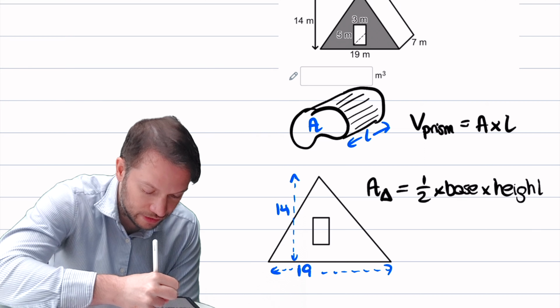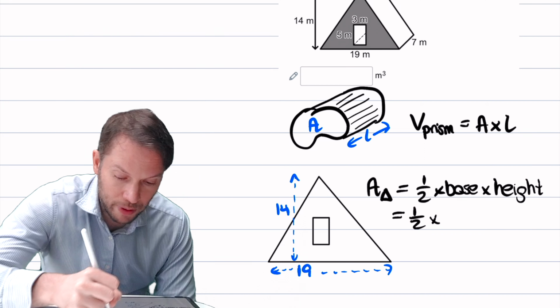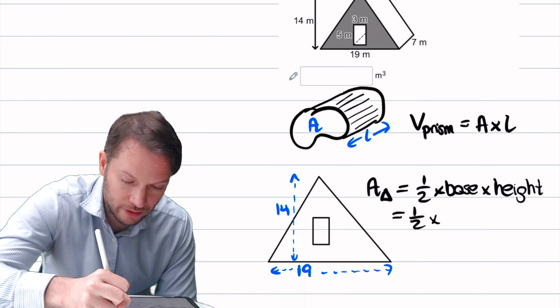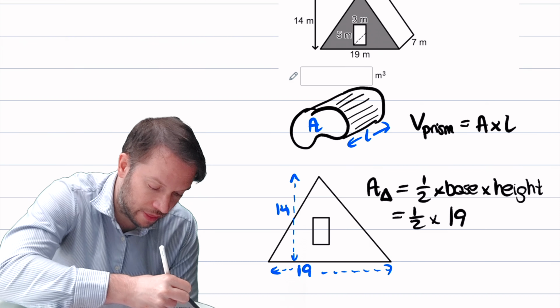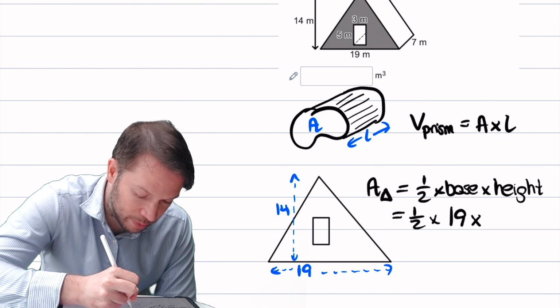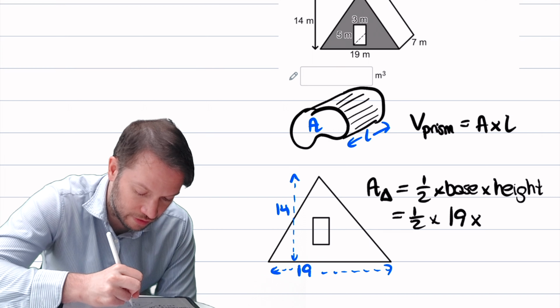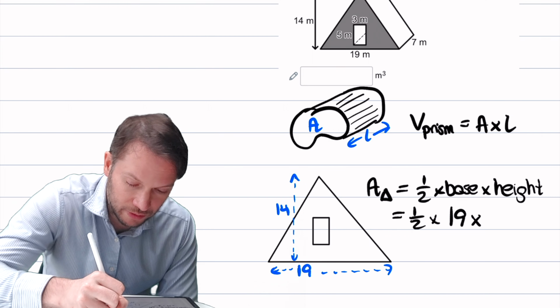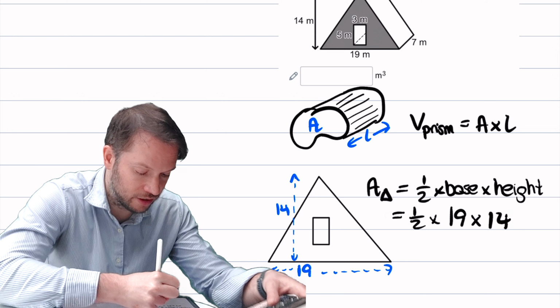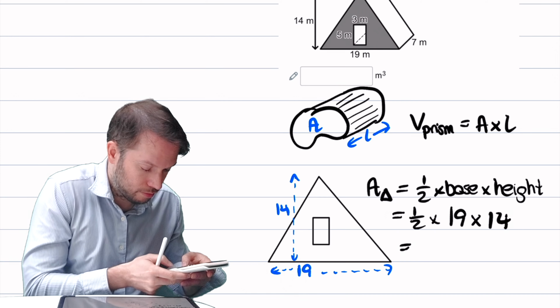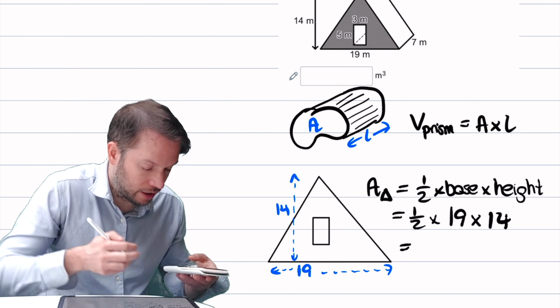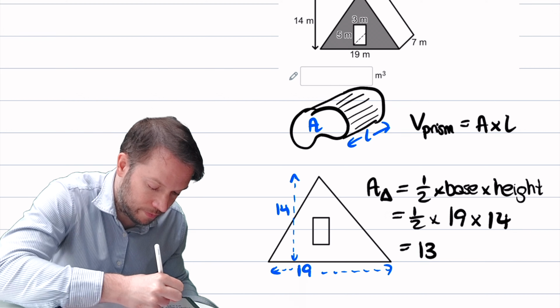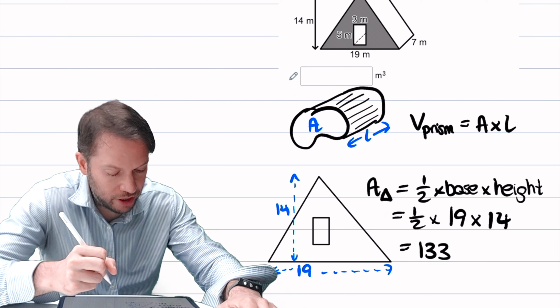So in this particular case, it's half times the base, which is 19, multiplied by the height. But remember, the height has to be perpendicular to the base, which it is. So this is 14. So we're times it by 14. And I need to do that on my calculator. It is 133. And we'll put in the unit later.